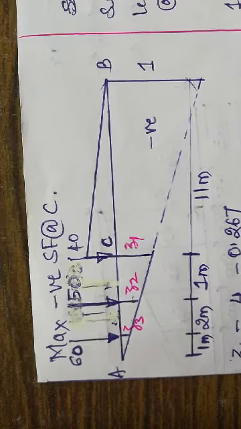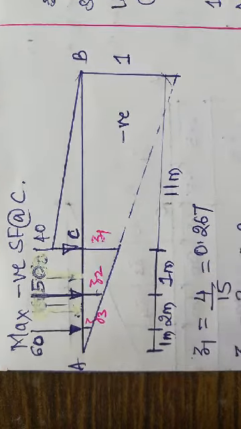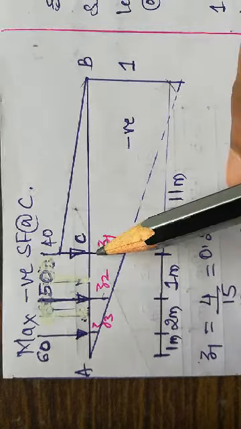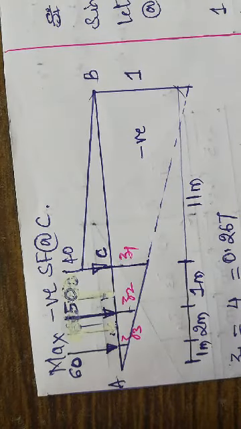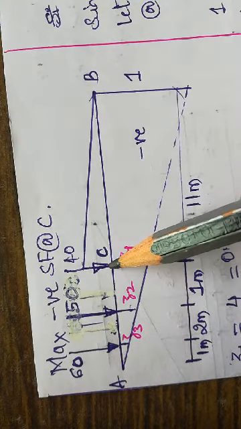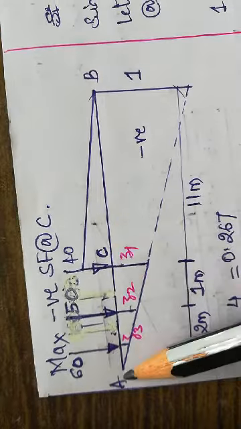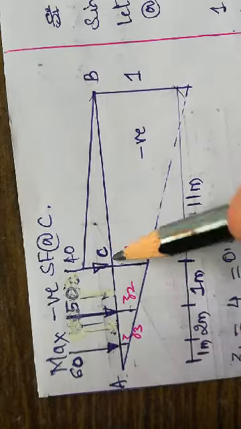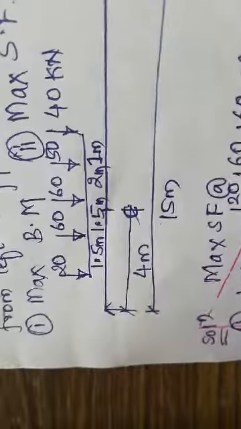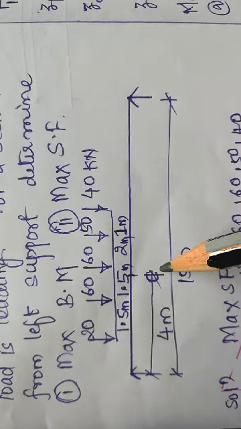Next, let us calculate for maximum negative shear force at C. For maximum negative shear force at C, we have to place the head of the load at point C. So placing the head of the load at point C and rearranging the loads, the distance between A and C is just 4 meters.